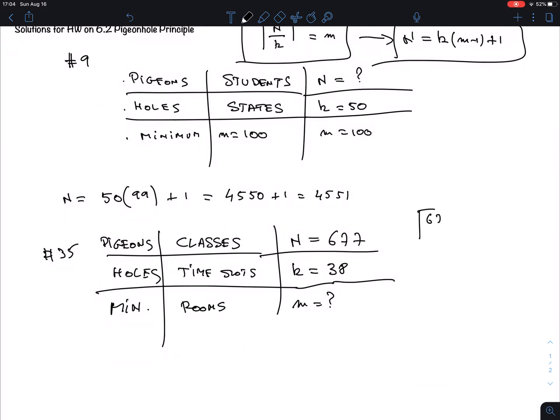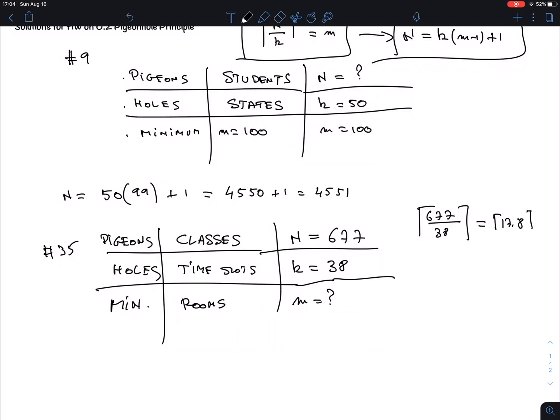It's 677 divided by 38, and then we have to take the ceiling of this. So 677 divided by 38 is 17.8.